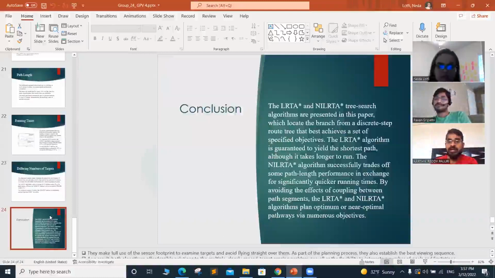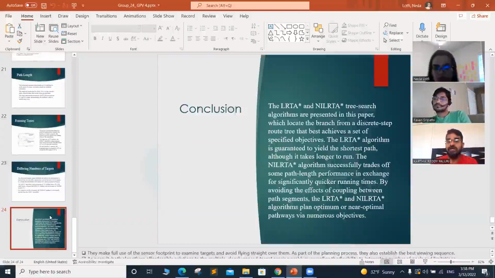Conclusion: the LRTA and NI-LRTA algorithms are presented in this paper, which locate the branch for a discrete step route, the best path to achieve a set of specified objects. The LRTA algorithm is guaranteed to yield the shortest path, although it takes longer to run.